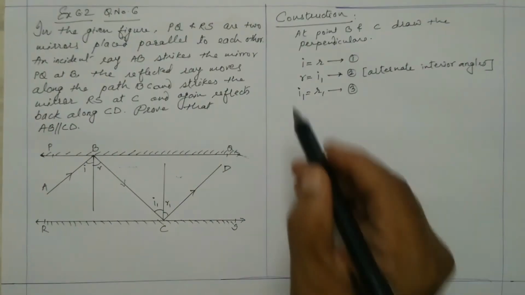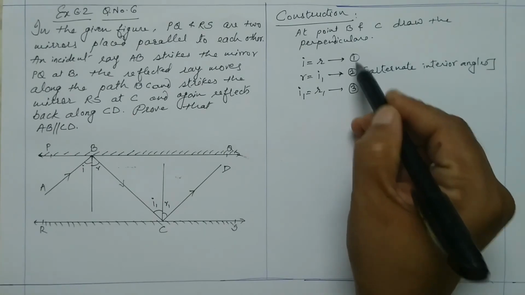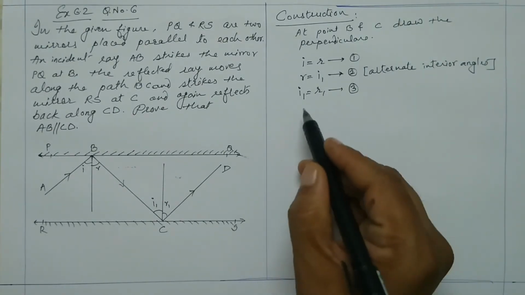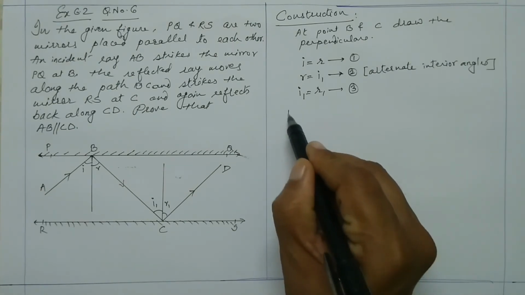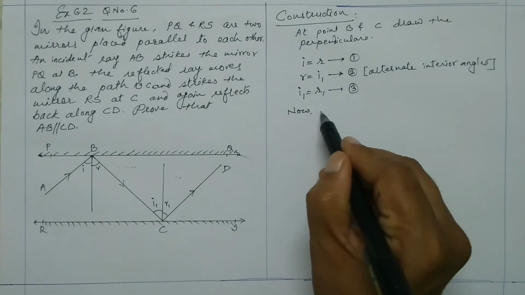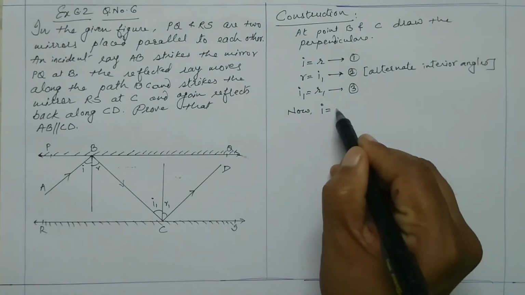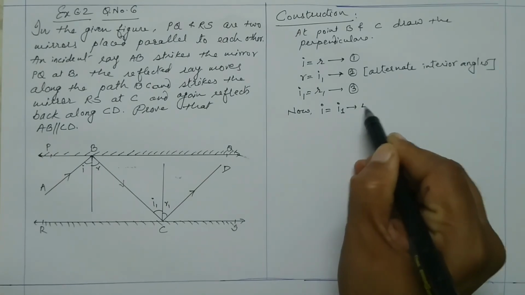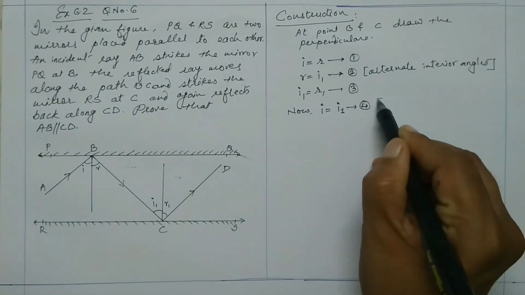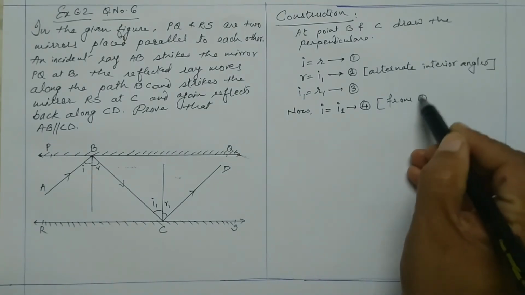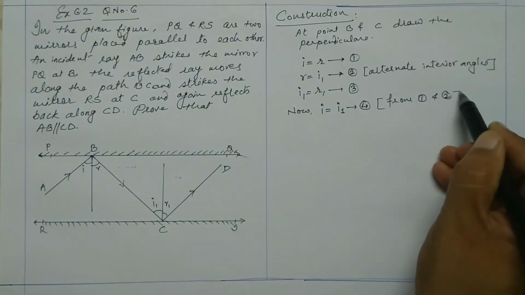Now see results number 1 and 2. Right hand side and left hand side are the same. So we can say I is equal to I1. We call this result number 4, and we got this from 1 and 2.